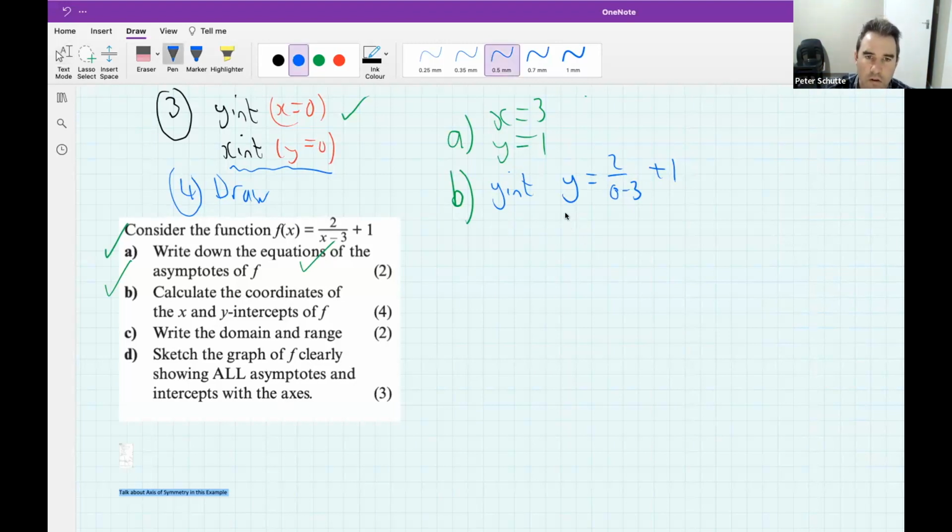So we get minus 2 over 3 plus 1, which is a third.